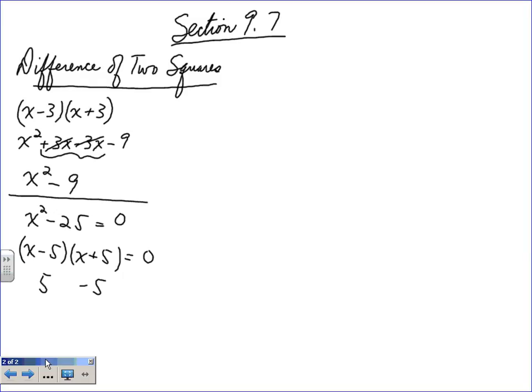Another example of this might be, let's take 24x squared minus 216y squared.